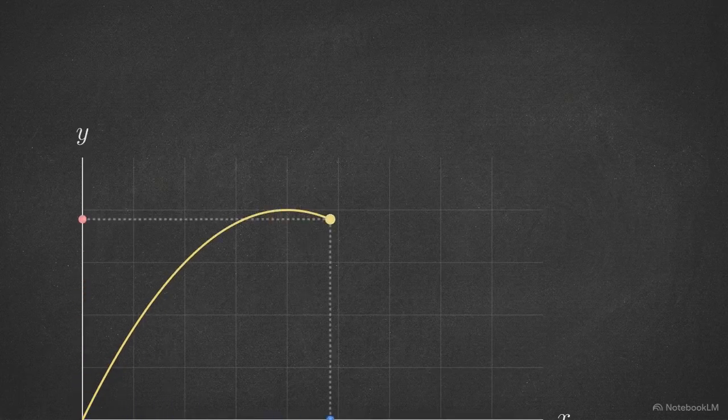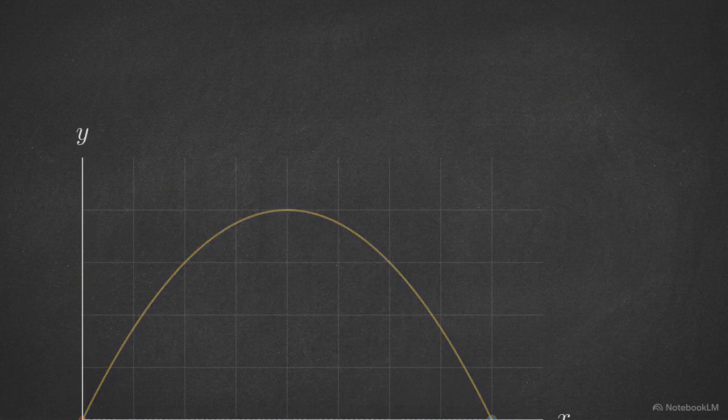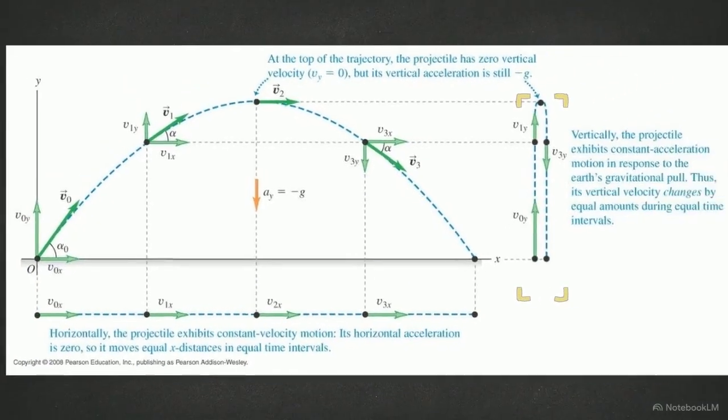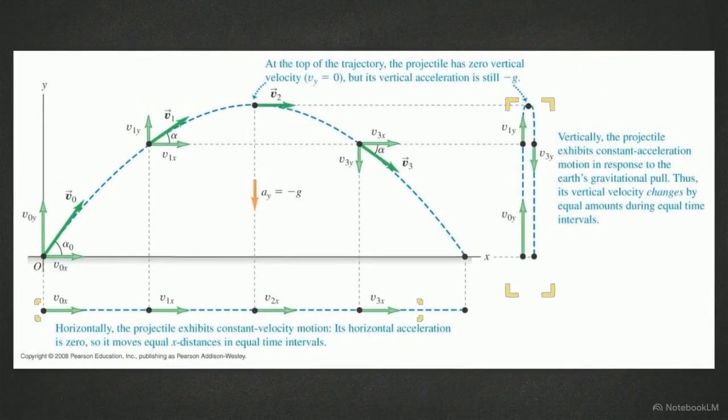Analyzing this motion involves treating it as two independent 1D scenarios occurring in perfect orthogonal isolation. In the horizontal dimension, acceleration is 0, resulting in a constant horizontal velocity. In the vertical dimension, the acceleration is a constant negative g. This causes the vertical velocity arrows to lengthen over time, while the horizontal arrows remain identical.